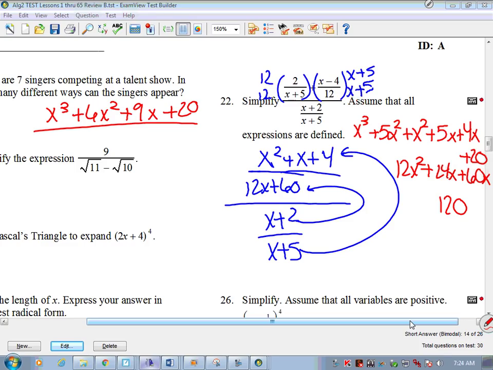So what I'm getting over here is 12x squared. Let me see what their answer is on this. This is 22? 12x squared plus 84x plus 120.